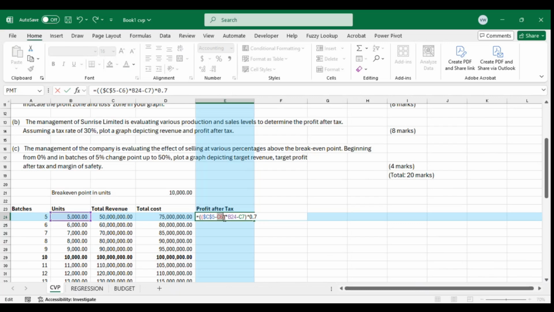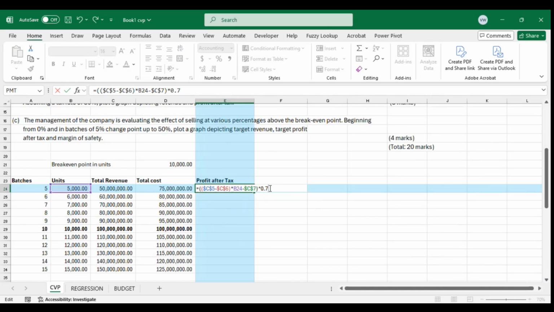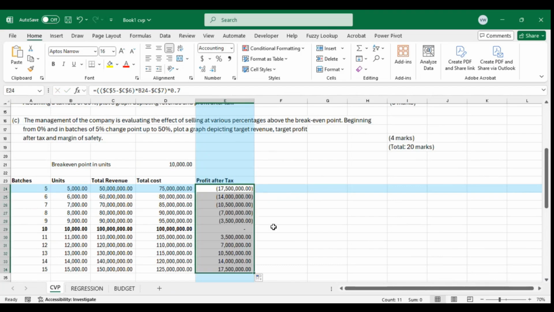I'll also highlight the second range and press F4. I'll also highlight the third range, which is C7, the fixed cost, and press F4 for the fixed cost. Then I press OK.